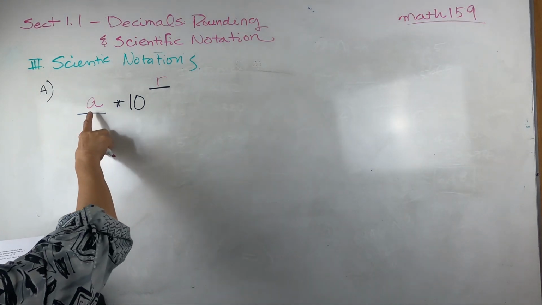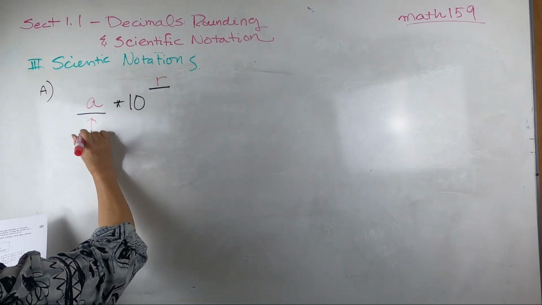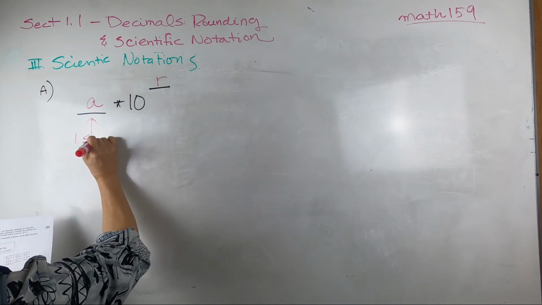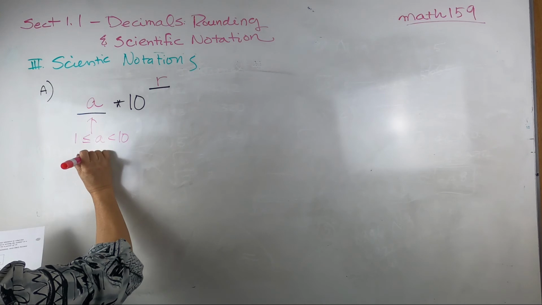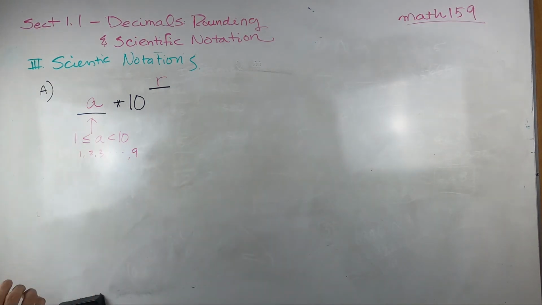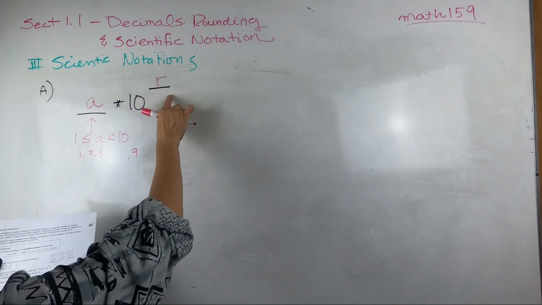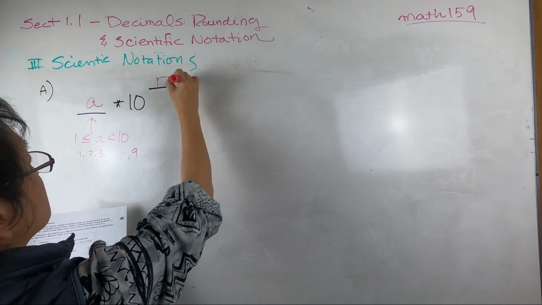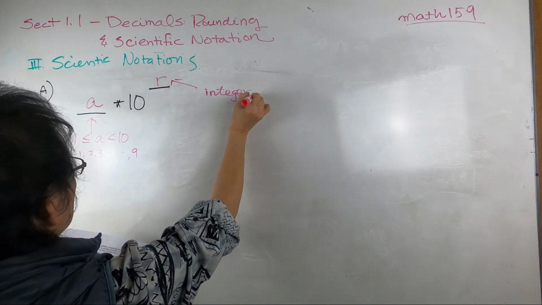And write in this fashion, then A is what? Between 1 and 10. Means what? 1, 2, 3, all the way to 9. No 2 digits, just 1 digit. And to the 10th power, R is something called an integer.